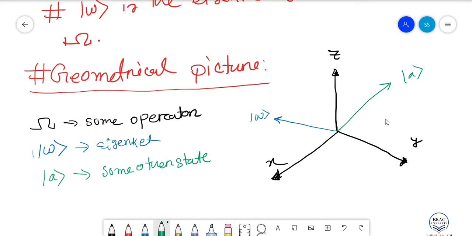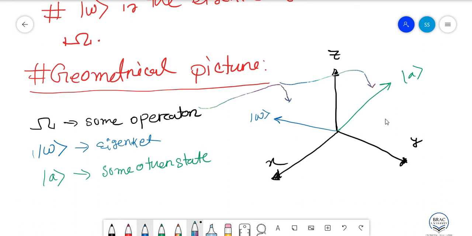And now what I will do, I will take this operator from here and I will act on both the omega and the a. This is what I want to do, and let's say I did that.